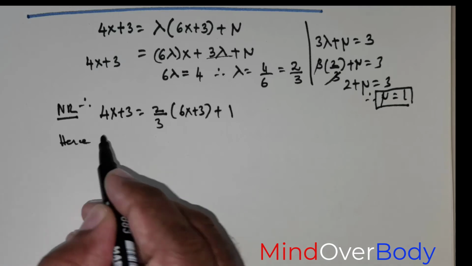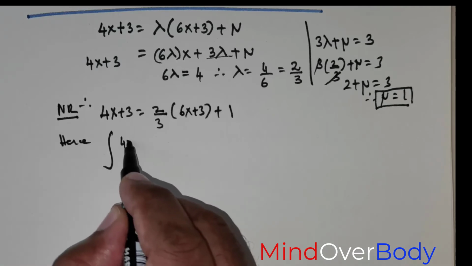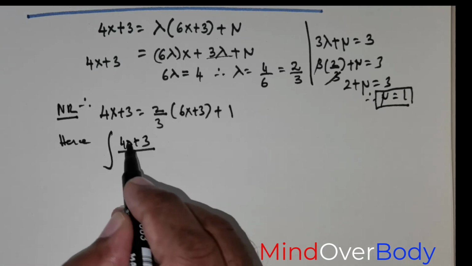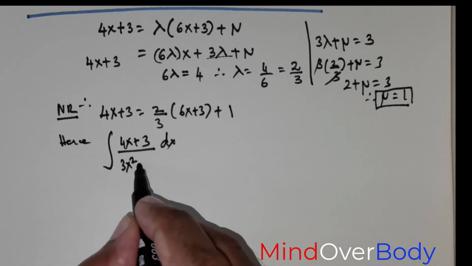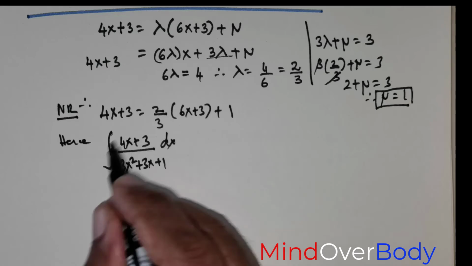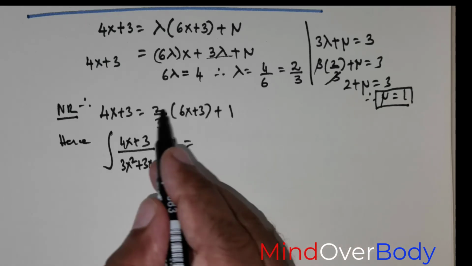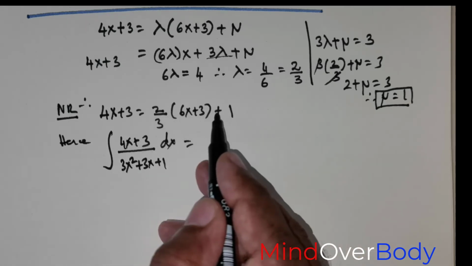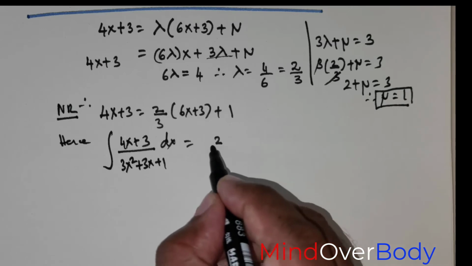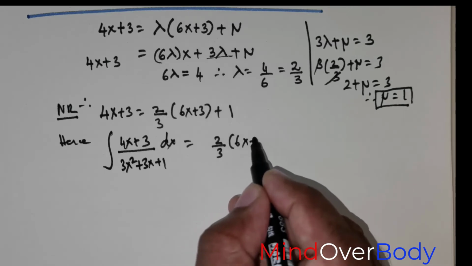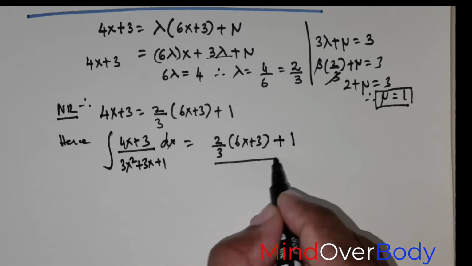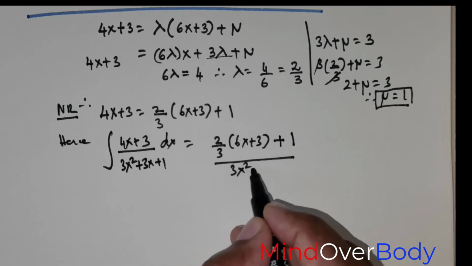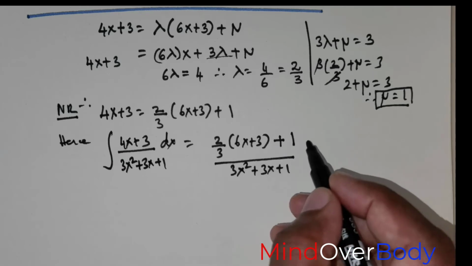So what happens to the question? Hence the integral, this is exactly what we have been given, (4x + 3) dx over 3x squared + 3x + 1. Now this is rewritten with this newly obtained numerator, which is 2 over 3 times (6x + 3 + 1) divided by 3x squared + 3x + 1.